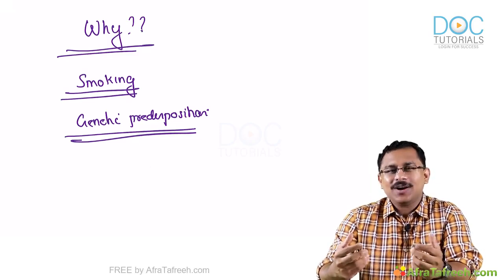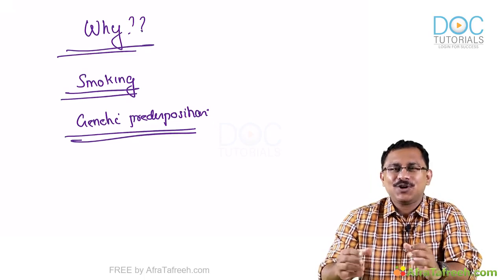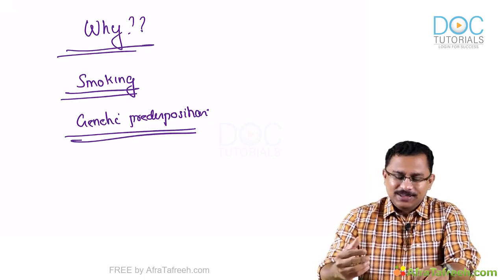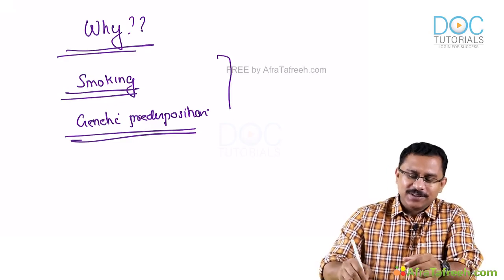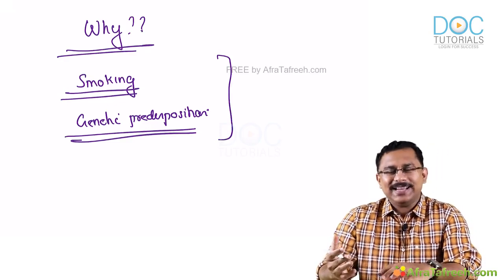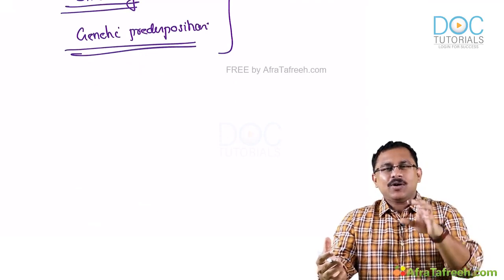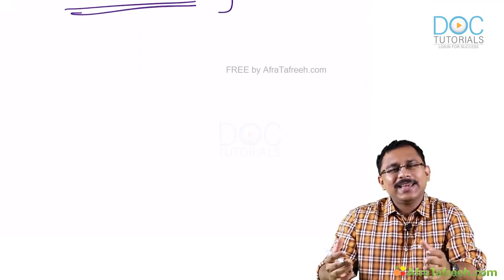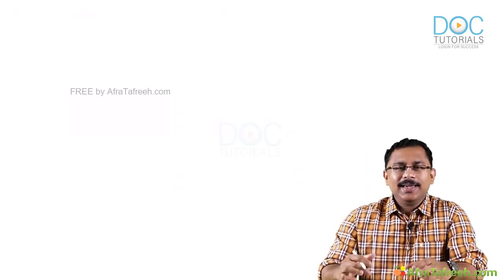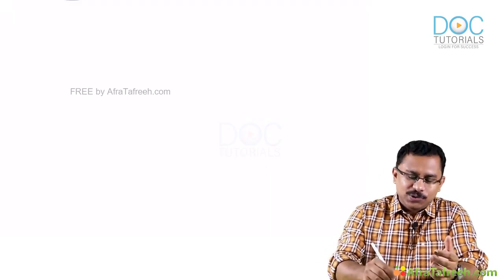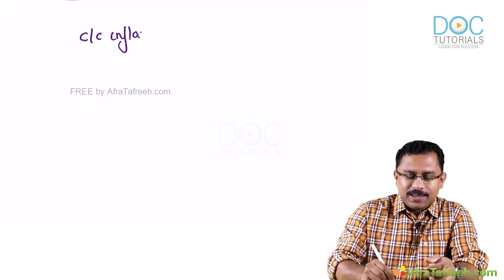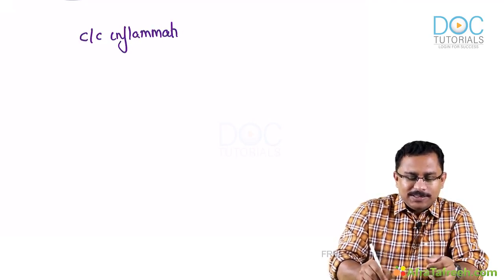But a trigger is not enough. You have got to have certain changes that happen, right? Because of smoking and genetic predisposition, there occurs inflammation. This is in fact an inflammatory process. In COPD also, there occurs chronic inflammation.